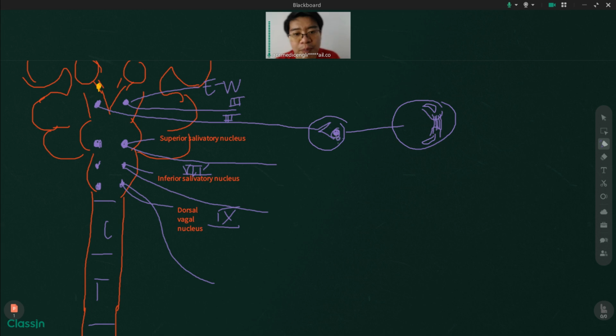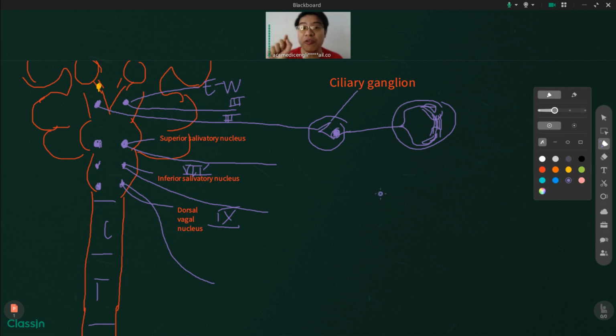From this ganglion, postganglionic neurons are going to go to these muscles. What ganglion is that? That ganglion is known as the ciliary ganglion. So the ciliary ganglion is a parasympathetic ganglion within the head and neck. That's the first one.